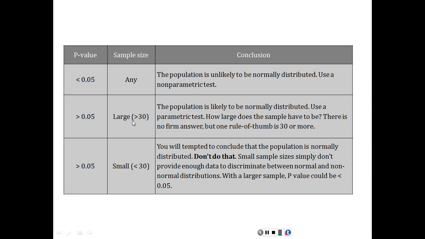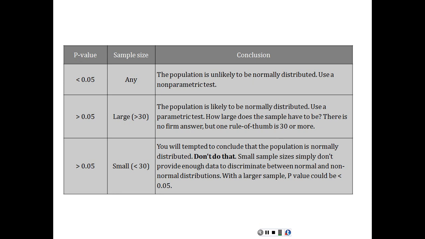If you have a large sample size, greater than 30, and your p-value is greater than 0.05, that means it is not significant and your population is likely to be normally distributed. It's not significantly different from a normal distribution. That's what we want. We want it to be non-significant. In this case, we can use a parametric test.